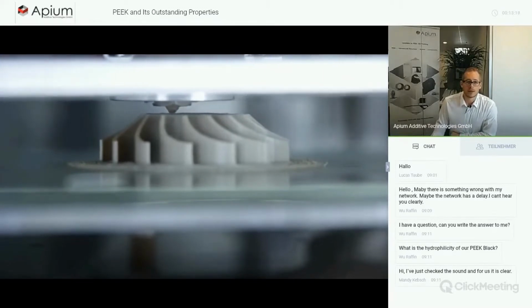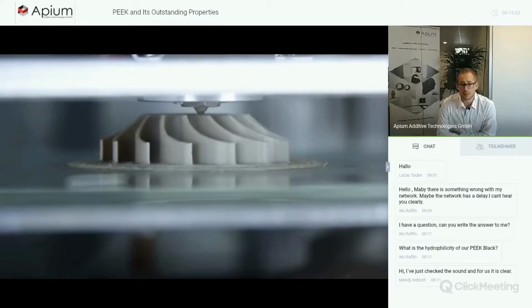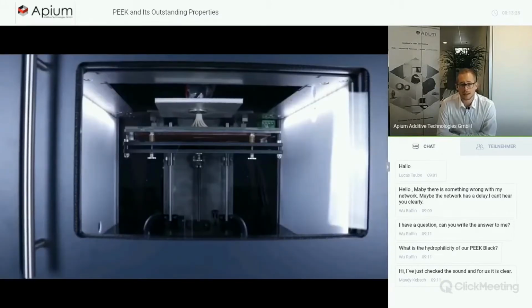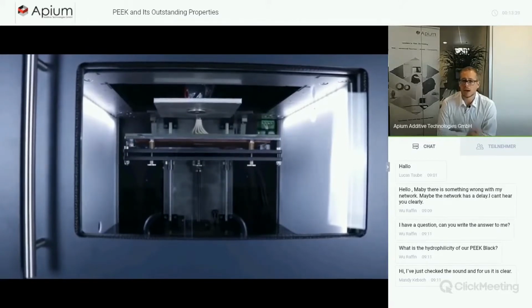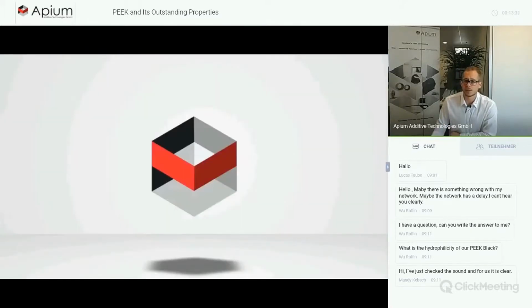Exactly. Yeah, we can have complex geometries built as we see here. So things that are in a traditional way hard to manufacture.